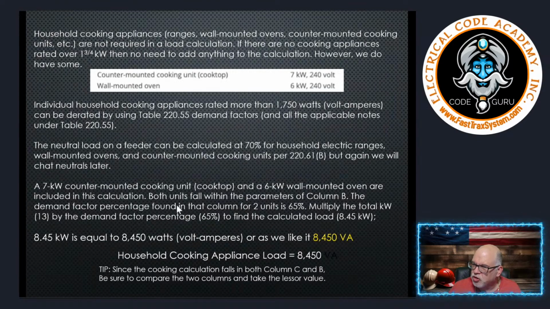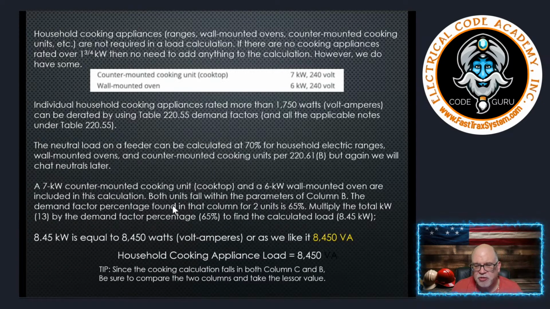You'll notice something interesting here when it comes to the cooking appliances. Both of these fall under column B of 220.55, between 3.5 and not more than 8 3/4.